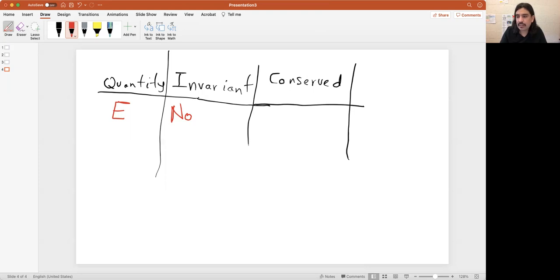Why is it not invariant? I guess because it can't be changed. I don't know. So if you're traveling really fast and I'm not, with respect to some object, whatever it is, are you going to see the same energy that I see on that object?